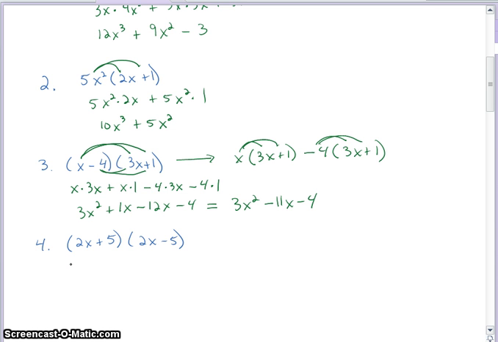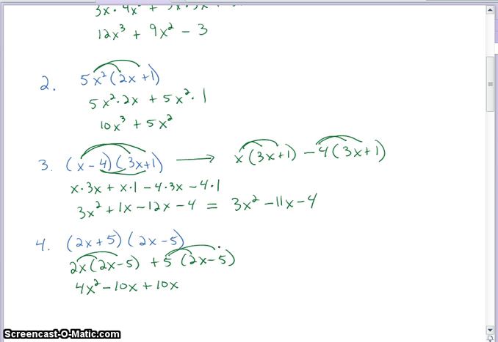Alright, so let's try this one. So I've got 2x that's being multiplied by 2x minus 5, plus 5 times the 2x minus 5. Distributing, so 2x times 2x is 4x squared. 2x times the minus 5 is negative 10x. For this one I'm distributing the 5, so it's plus 10x.